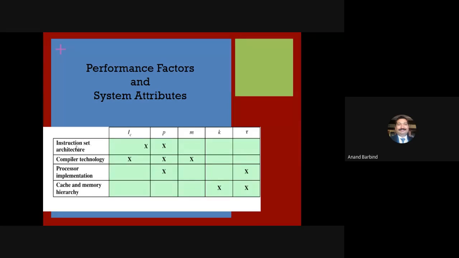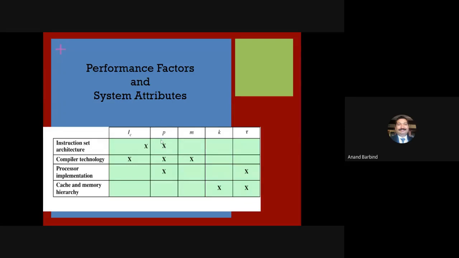So if the program is different, the instruction count IC will be different, though the same group of instructions is doing some intended task. For example, it may be sorting of certain numbers. This task can be implemented on the Intel processor or on the Motorola processor, but the number of instructions required to implement this particular task may be different for the different processors. So the IC changes.